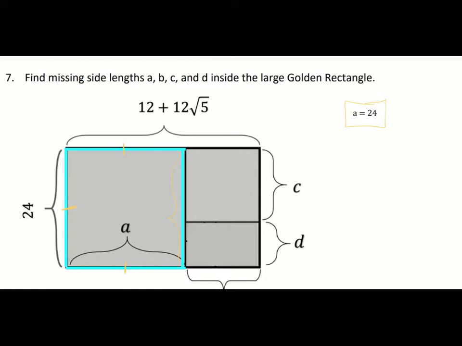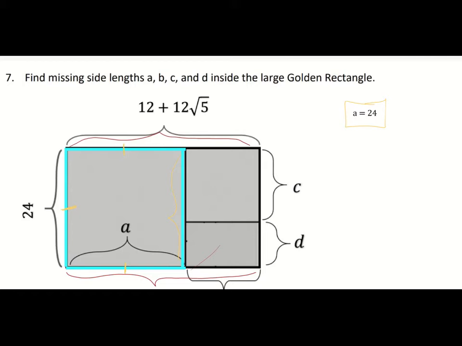So we're going to continue on in alphabetical order doing sort of a thought process like that as we go. Once you have A, you can start to figure out what B is. The way we're going to approach this is by considering the fact that in a rectangle, opposite sides have the same length. So let's think about this long side here, 12 plus 12 root 5, having the same length as the entire bottom of this rectangle.